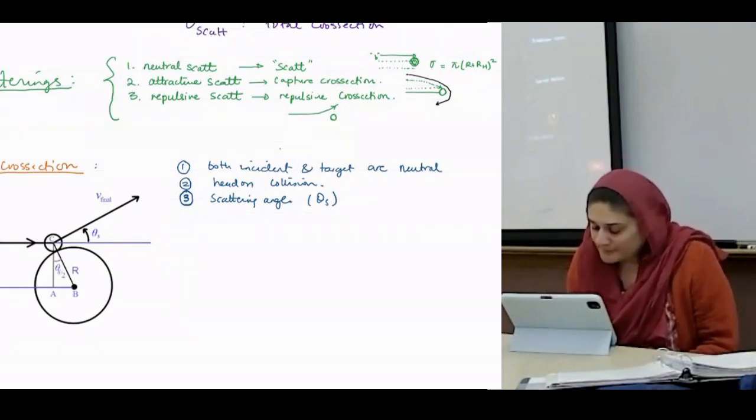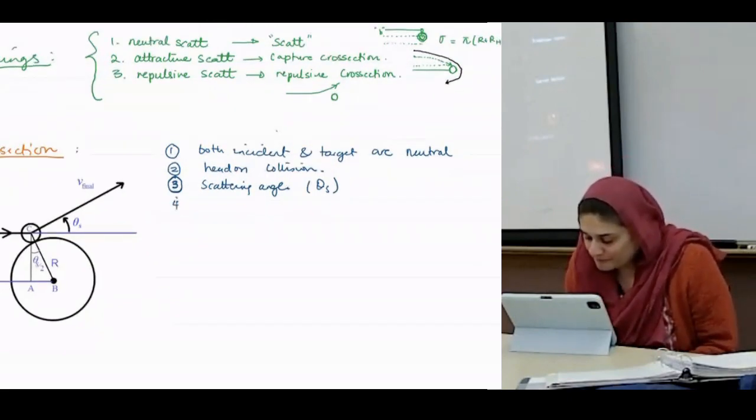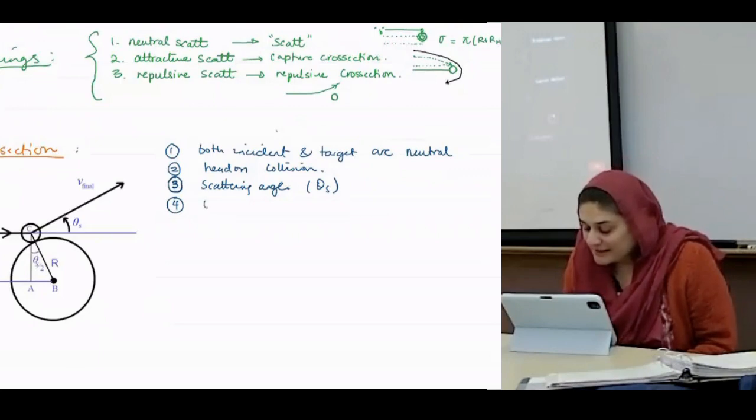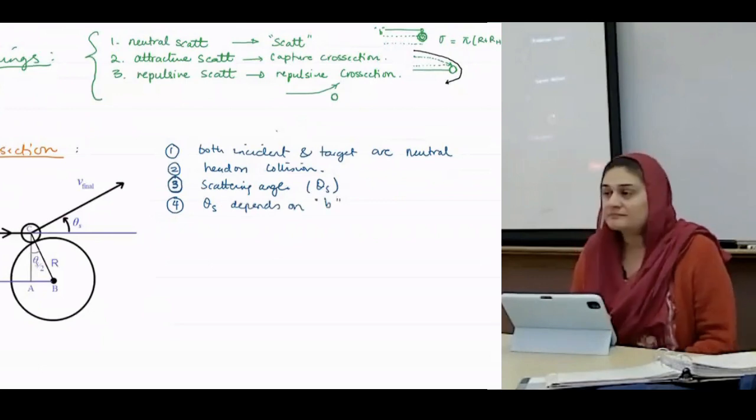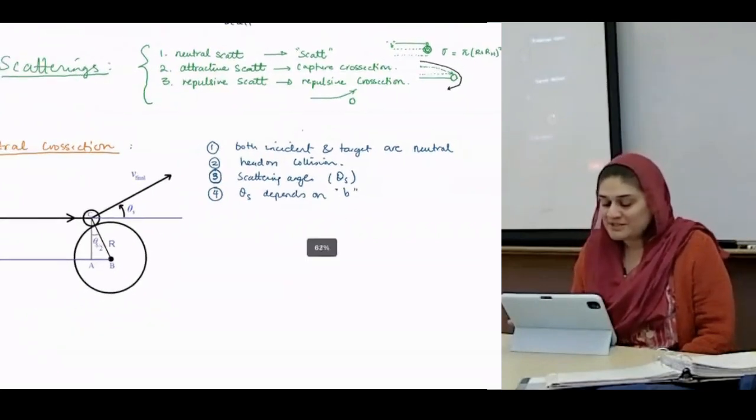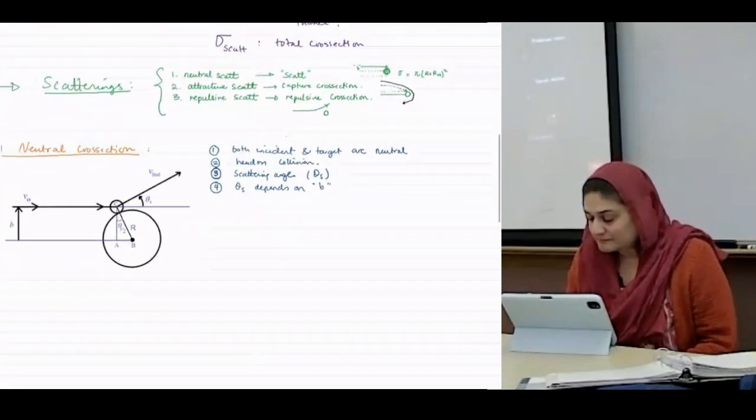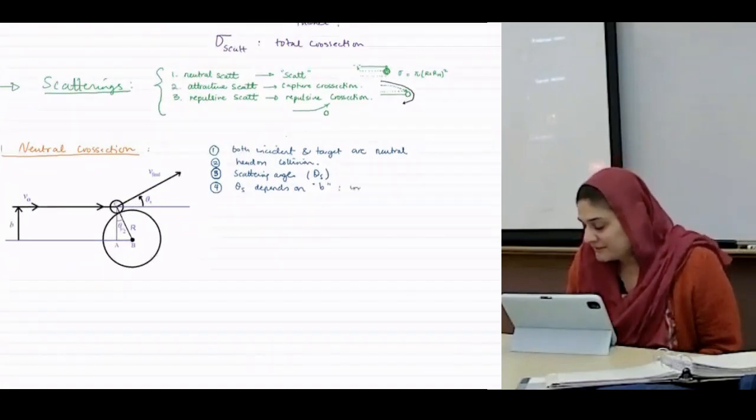And number four, scattering angle depends on b, where b was defined as the impact parameter.